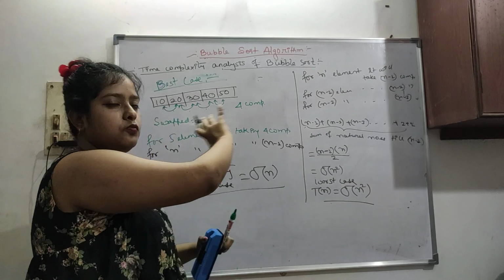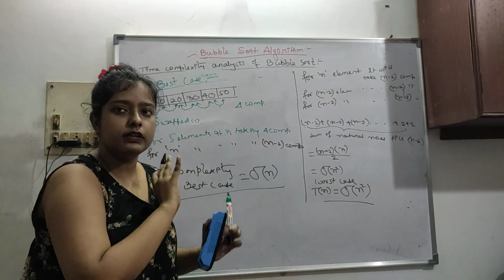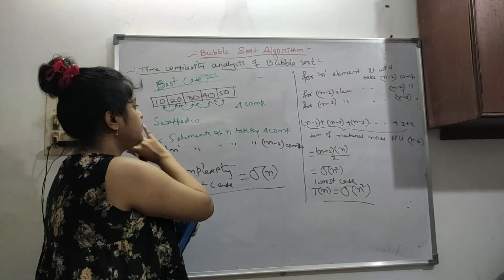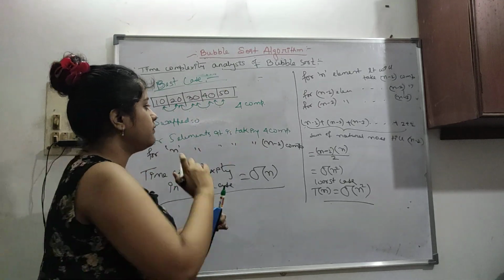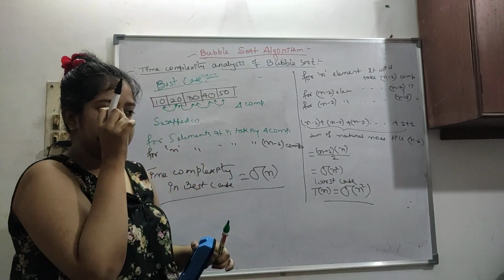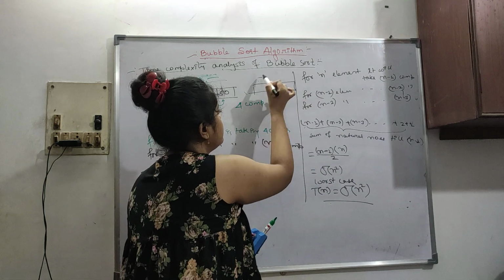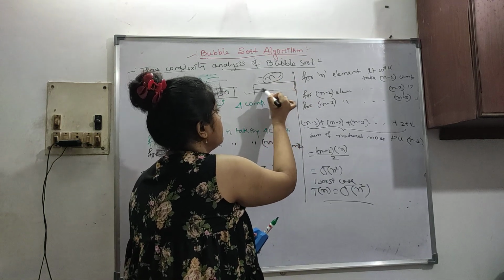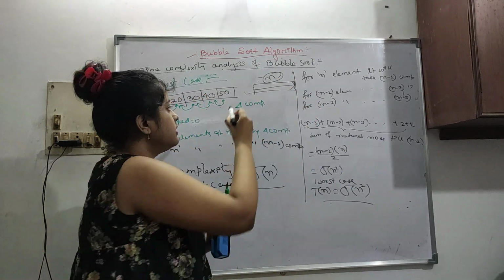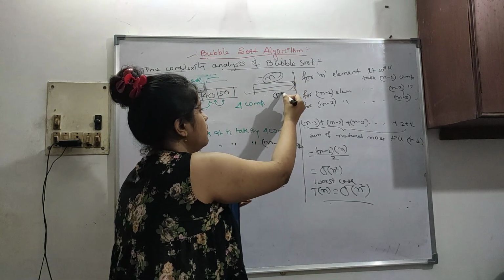We are scanning the array once, and we are seeing that swap remains 0. Nothing is swapping in between. So we just go out of this for loop and say this is already sorted. We have seen many times that going through an array of n elements once takes order of n.